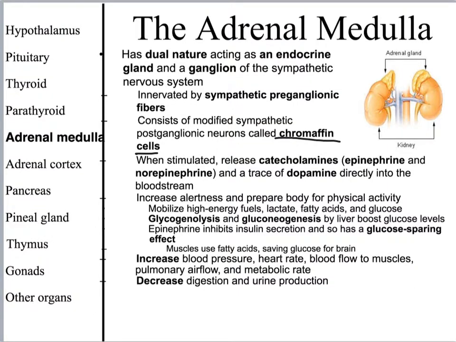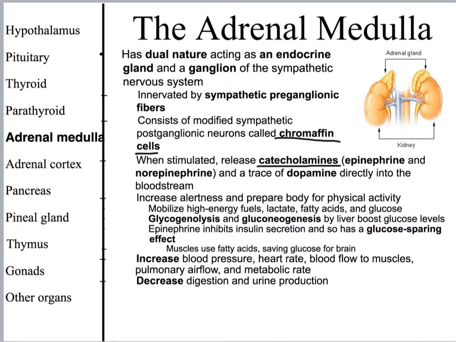It's what are called catecholamines, which is a class of hormones or neurotransmitters that includes epinephrine and norepinephrine, and a trace of dopamine. Dopamine is a reward signaler, a pain suppressor, and is at least partially responsible for the adrenaline high that you get.